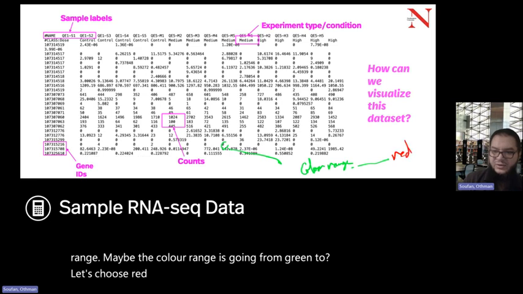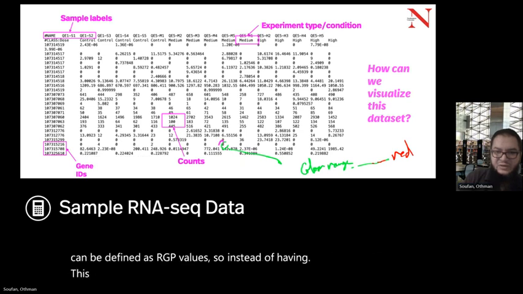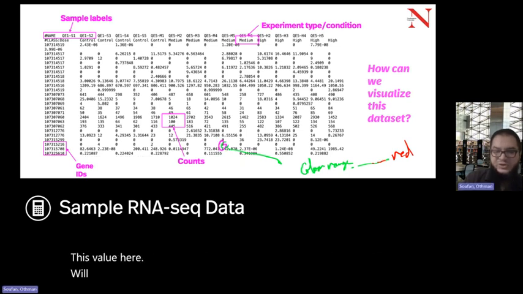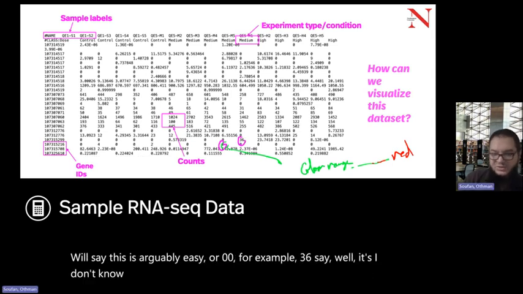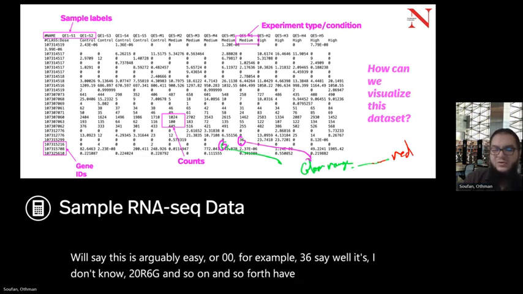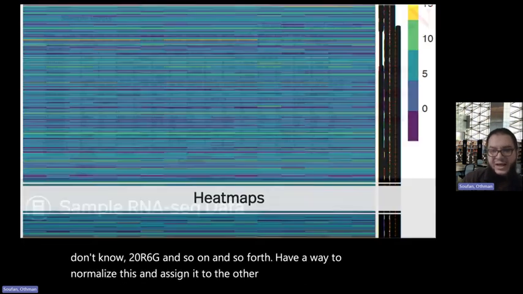We define this color range as RGB values. So instead of having this value here, we'll say this is RGB 0, 0, 0, for example. This one, say, is 20 R, 6 G, and so on and so forth. Have a way to normalize this and assign it to the whole spectrum of this color, and then plot this.